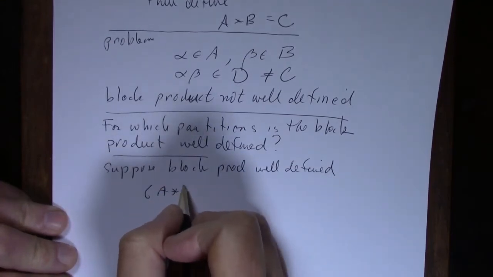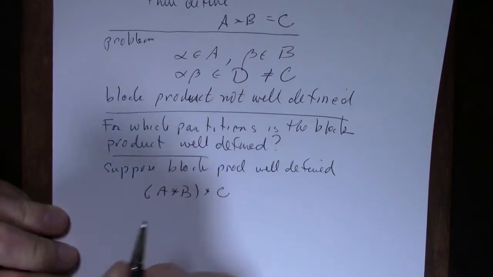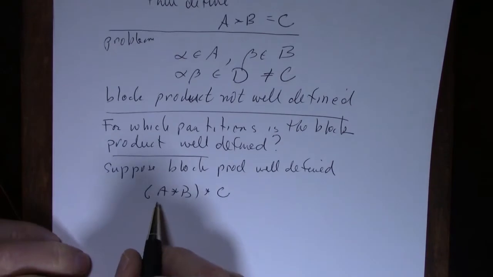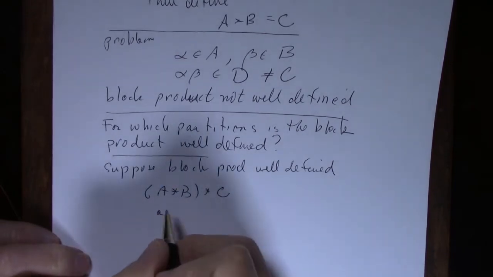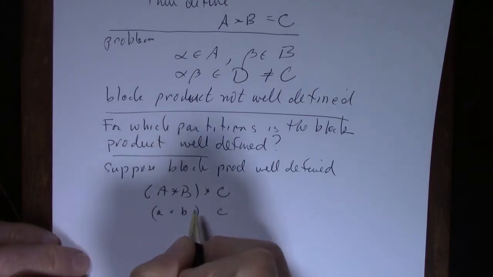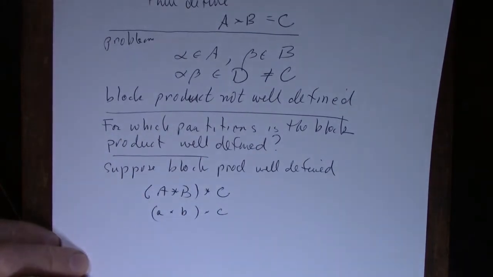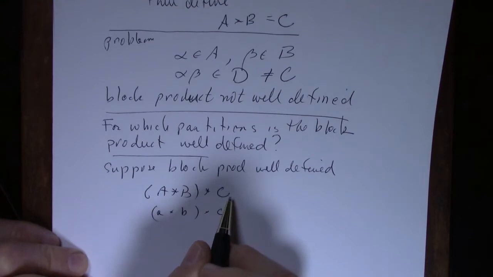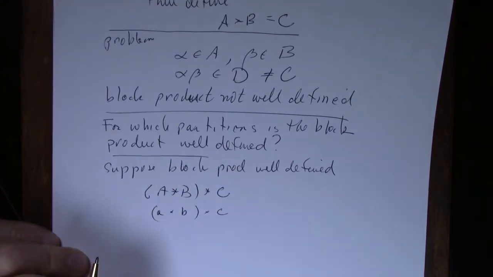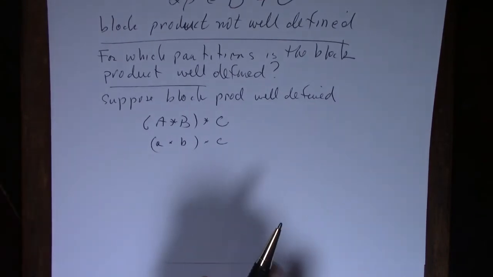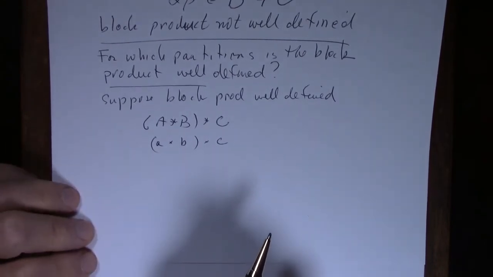Associativity follows from the associativity in G, because to take this product, we take elements from each block and we use the group product, but that's associative. And so when we reassociate this, we will get the reassociated block product. So associativity of block product follows almost immediately from associativity in G.